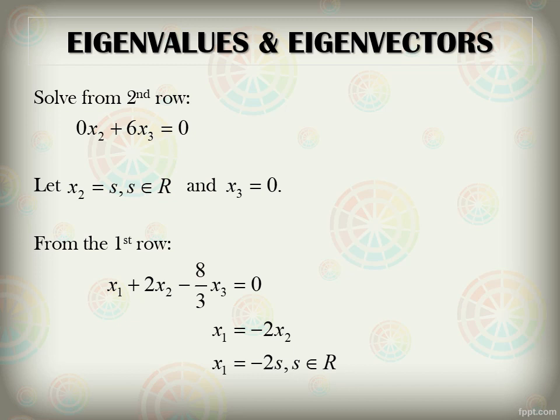Okay, so we pass this slide because I have put all the necessary steps in the first slide. As I mentioned, we just define that our x2 is equal to s. So s will be our solution for x2, where s can be any value in the real numbers.